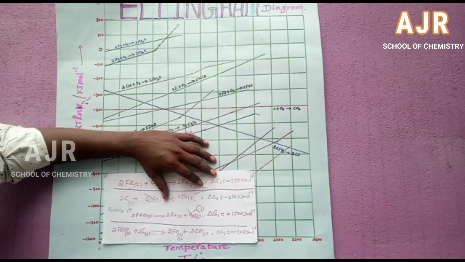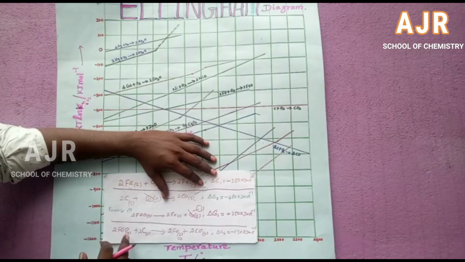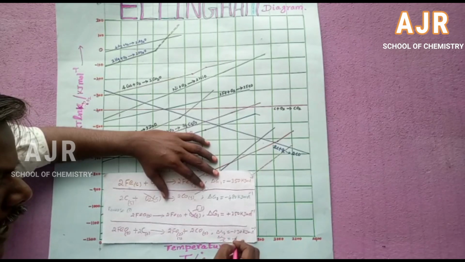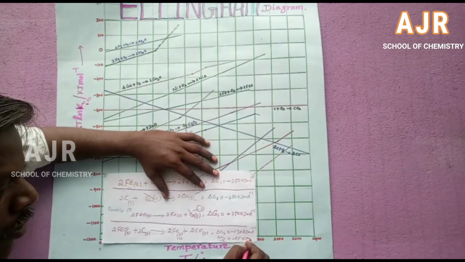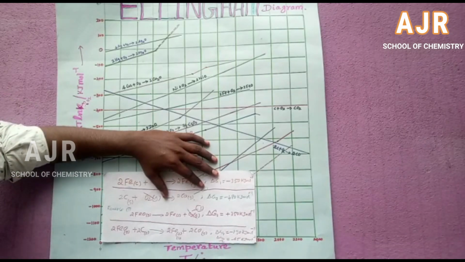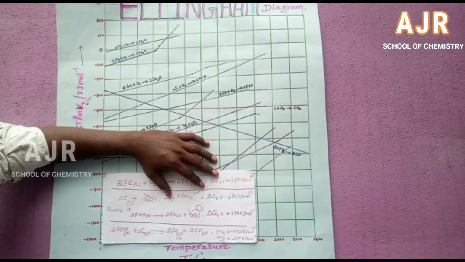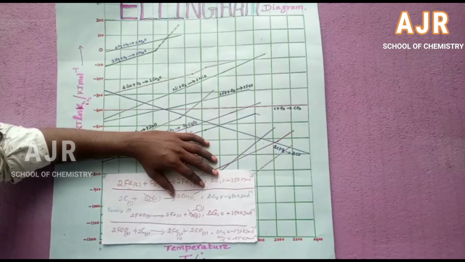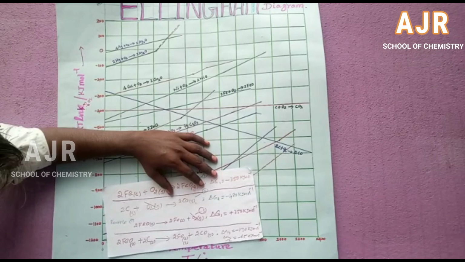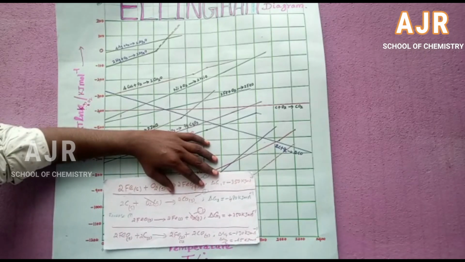If you want to calculate it for 1 mole, you need to divide it by 2. If you divide it by 2, you will get minus 65 kilojoule per mole. So even the reduction of 1 mole of FeO by carbon has a negative delta G value, which indicates that this reduction is thermodynamically favorable.